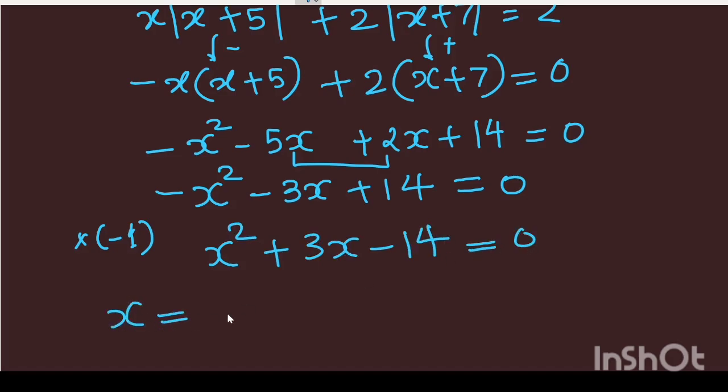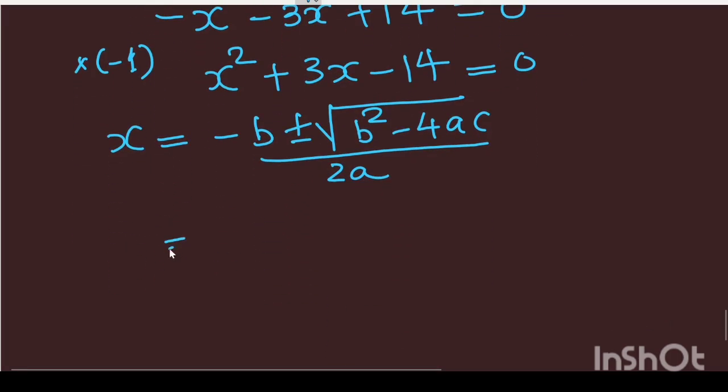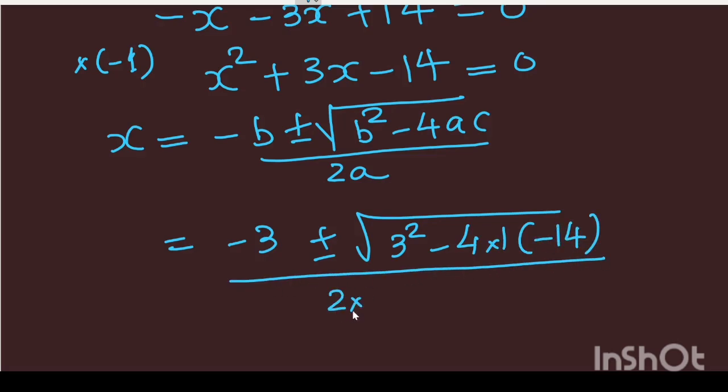Now solving for the roots using the quadratic formula, minus b plus minus root of b square minus 4ac upon 2a, where b is 3. So b square is 3 square, a is 1, c is minus 14, guys, upon 2 into 1.